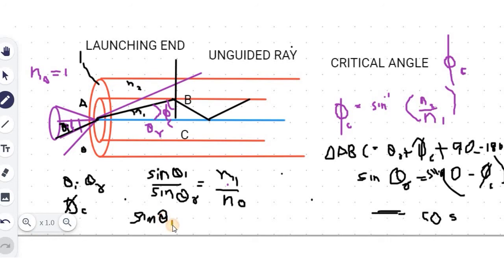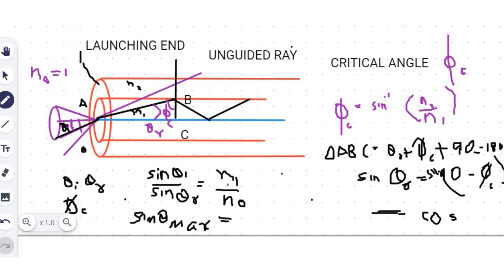That is the maximum angle of incidence possible at which the ray will be propagated within the fiber. Sin theta max, as I have written before, is n1 by n0 into cos phi c.